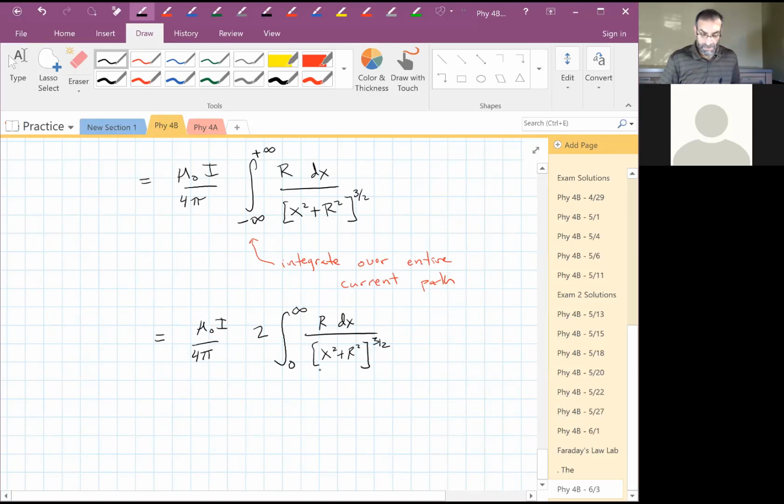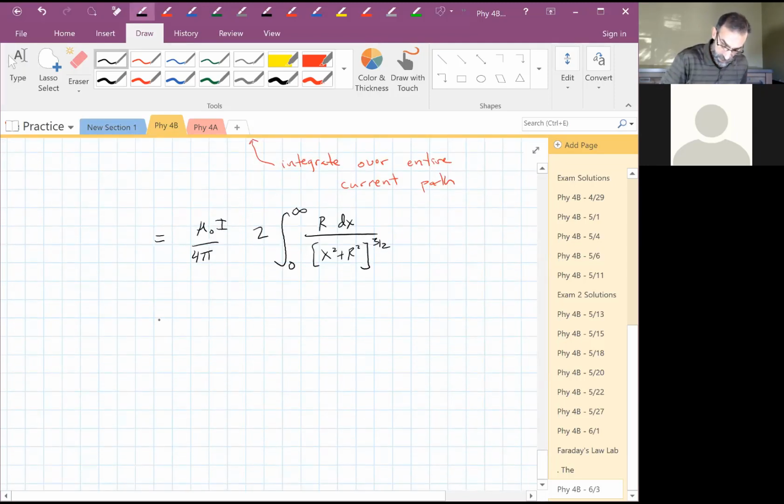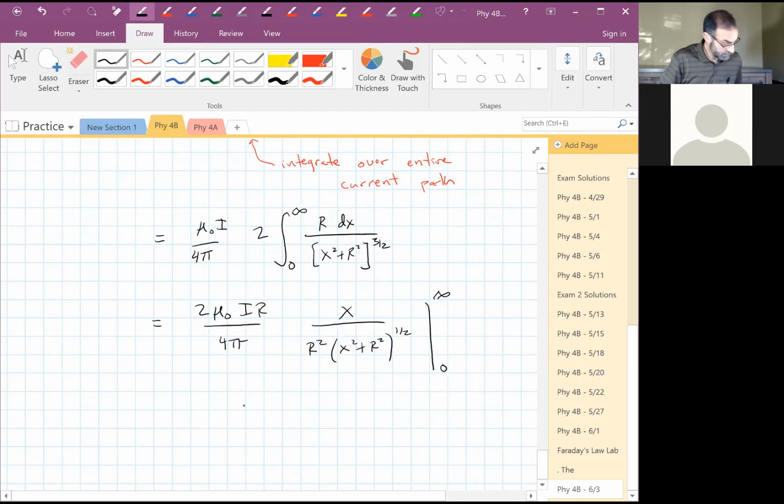And I looked this up on my table of integrals on my formula sheet. Let me get all the constants out in front first. Then I look that up, and I get, what do I get? X over r squared times x squared plus r squared to the 1/2 power, evaluated from 0 to infinity. And that gives me, what does that give me?